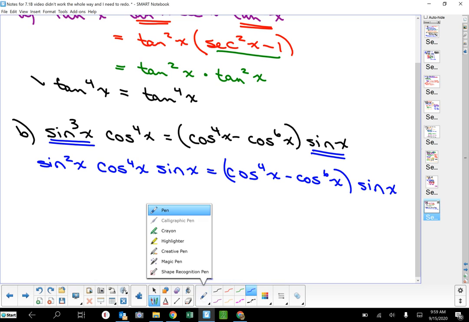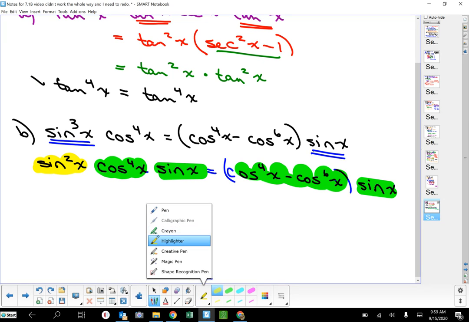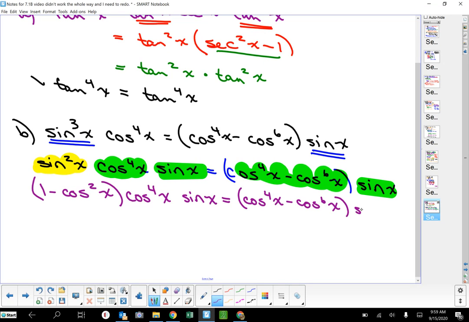Okay, so right now, this and this match. I also have a cosine here, and these are all in cosines, right? So I know I need to change this into cosines because there are no sines left over. And sine squared is an easy switch. So if I take the sine squared and make that 1 minus cosine squared, and that's times cosine to the fourth times sine of x, and that equals cosine to the fourth minus cosine to the sixth times sine of x.